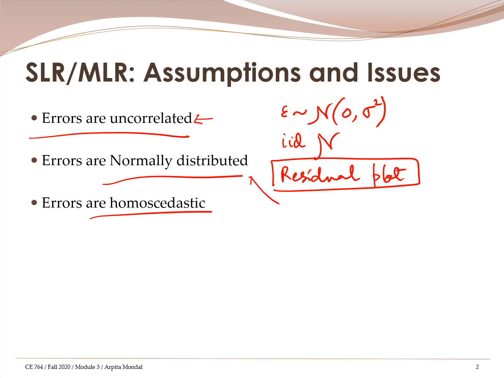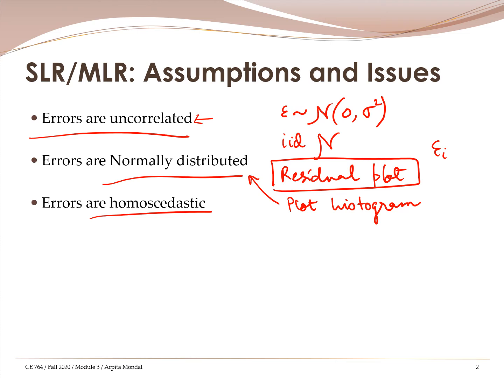This can be very simply and visually tested. We have all the residuals, right? We have all the epsilon i's, and we can simply plot a histogram. If it represents roughly the bell shape, then we can assume that they are normally distributed.